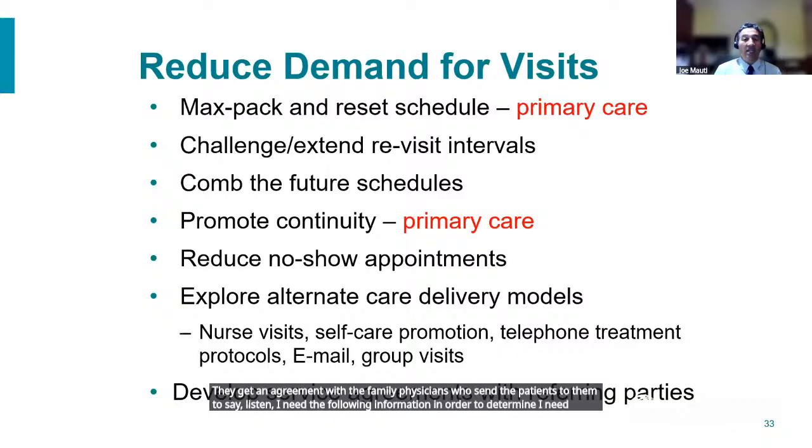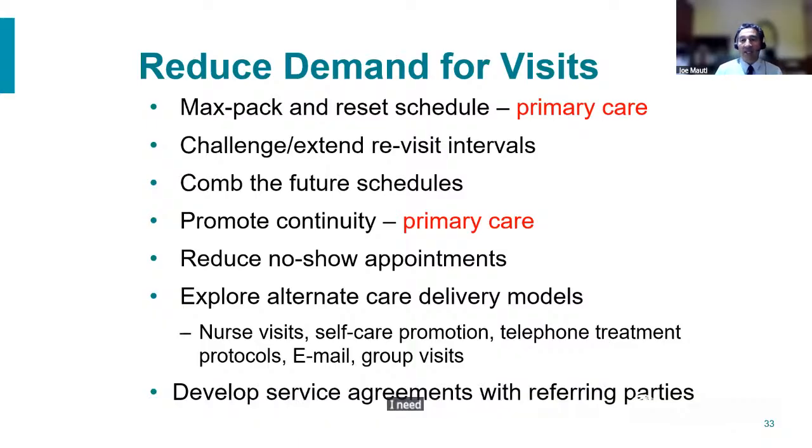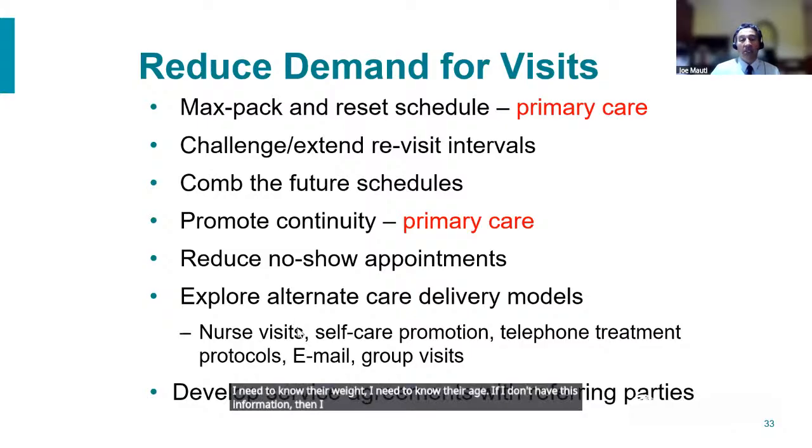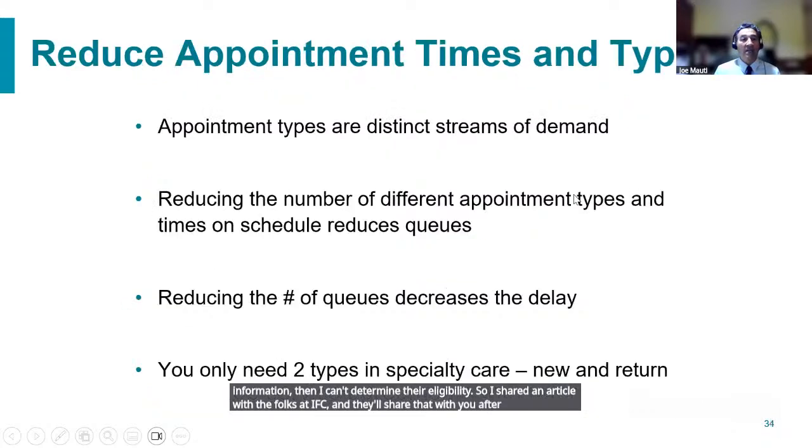I need an x-ray. I need to know their weight. I need to know their age. If I don't have this information, then I can't determine their eligibility. So I shared an article with the folks at IFC, and they'll share that with you after today's talk.